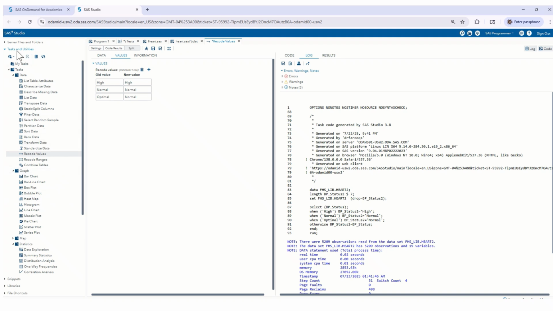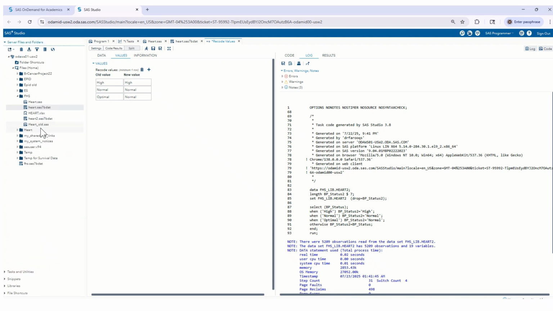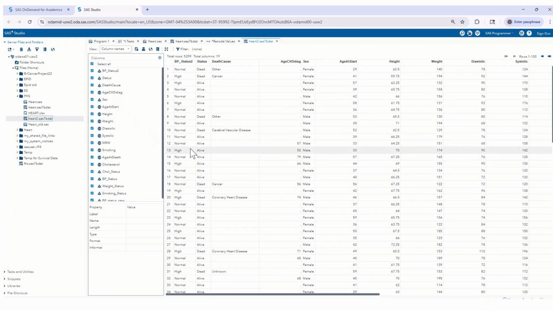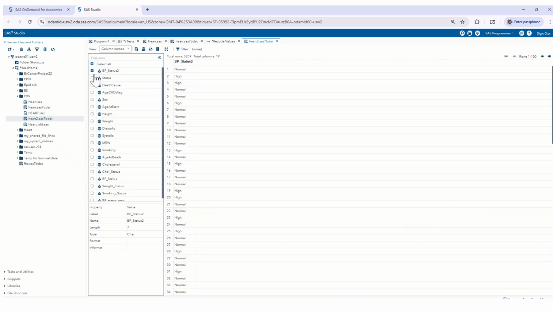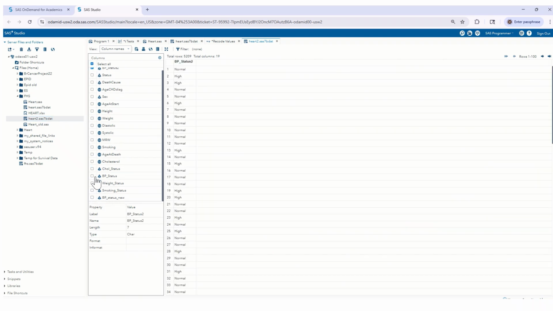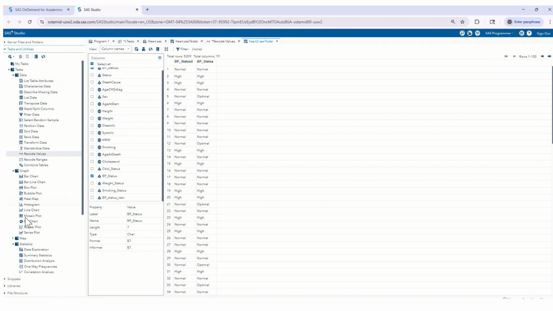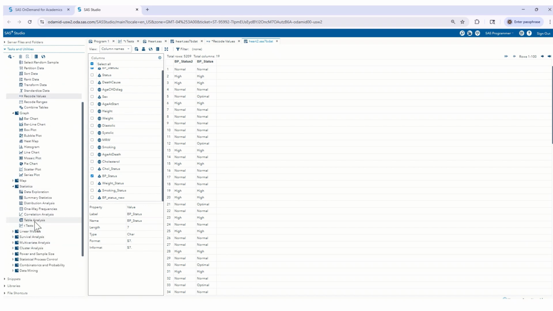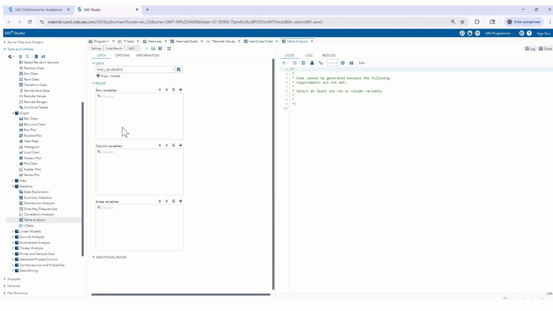Okay, now I'm going to go back to the heart2 dataset over here, and I see that a new variable BP status 2 is now created, which has only two categories, and I'm going to put them side by side, BP status and BP status 2. We see that all those who had optimal blood pressure are also now labeled normal. Okay, so now go to tasks and utilities. Under tasks, under statistics, double click on table analysis.